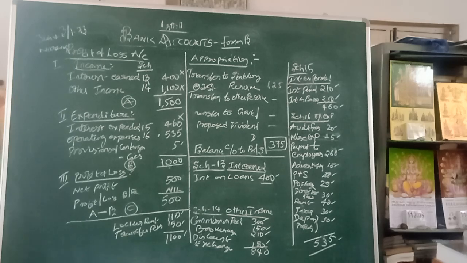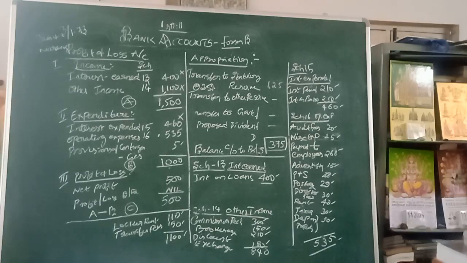Mind it carefully. In yesterday's class itself I explained the two types of provisions we are having. One entry, provisions and contingencies, that should be in the P&L account. Another one is the provision mentioned in other liabilities and provisions in schedule 5 of the balance sheet, on the liability side of the balance sheet.